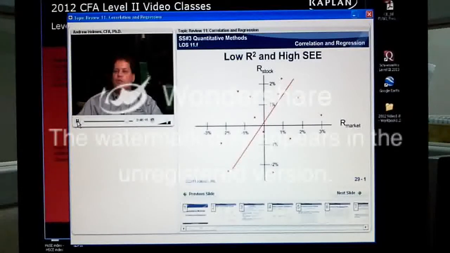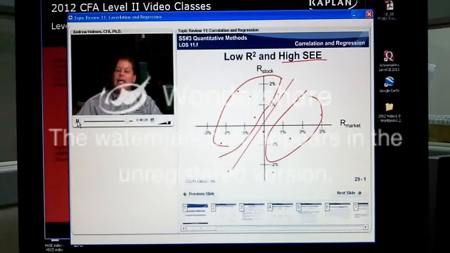So what you see here is a regression line, but look how far the dots are from the line. The dots are a long way from the line, and that gives us a high SEE. SEE stands for standard error of the estimate. Don't confuse that with SSE, which is the sum of squared errors. You've got to keep your SEE straight from your SSE in order to do this.